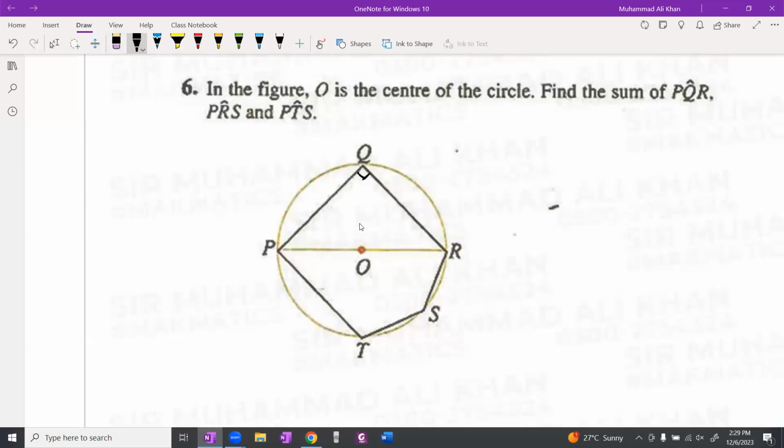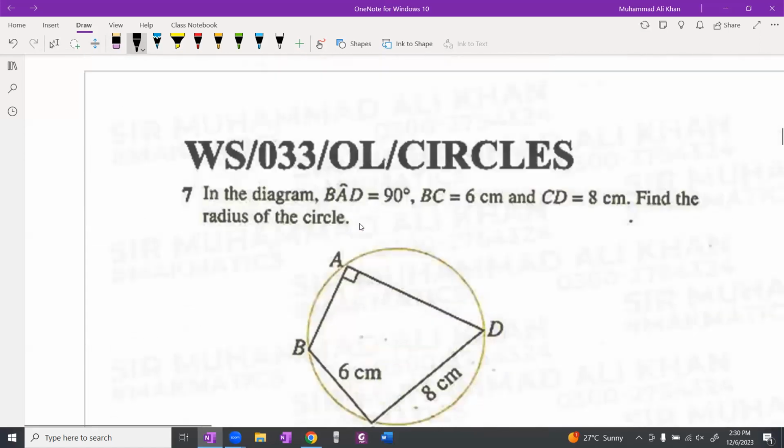PRS and PTS से. PRS, let's say this is X, and PTS, let's say this is Y. अब आप देखिए, it is a cyclic quadrilateral PRST. तो opposite angles का सम कितना हो जाएगा? 180. और ये 90 हुआ, तो 180 plus 90, the result is 270. Complete sum of the three angles.